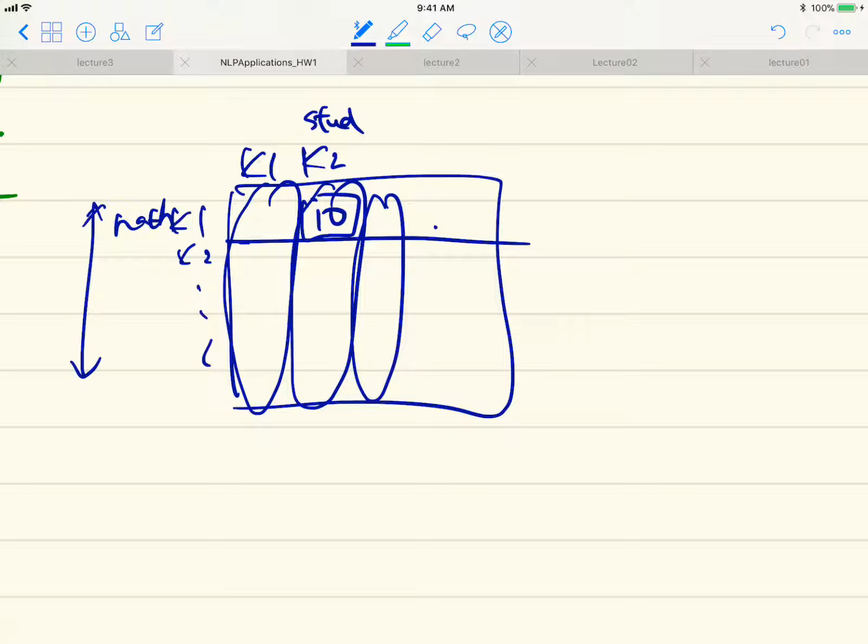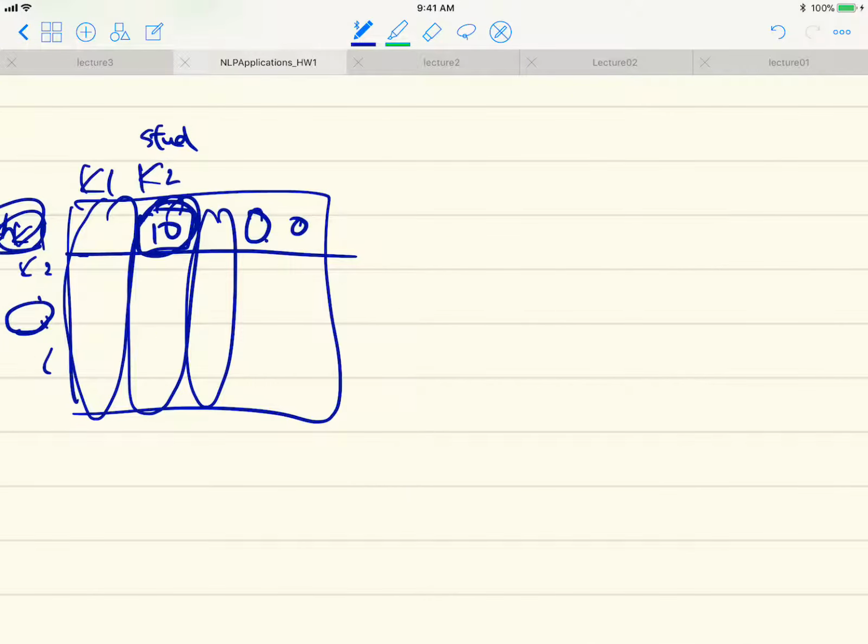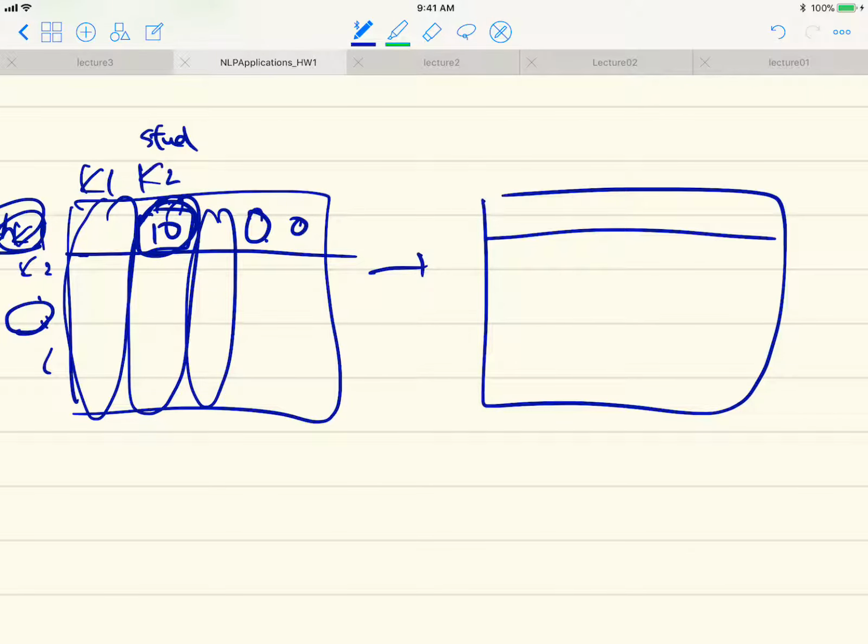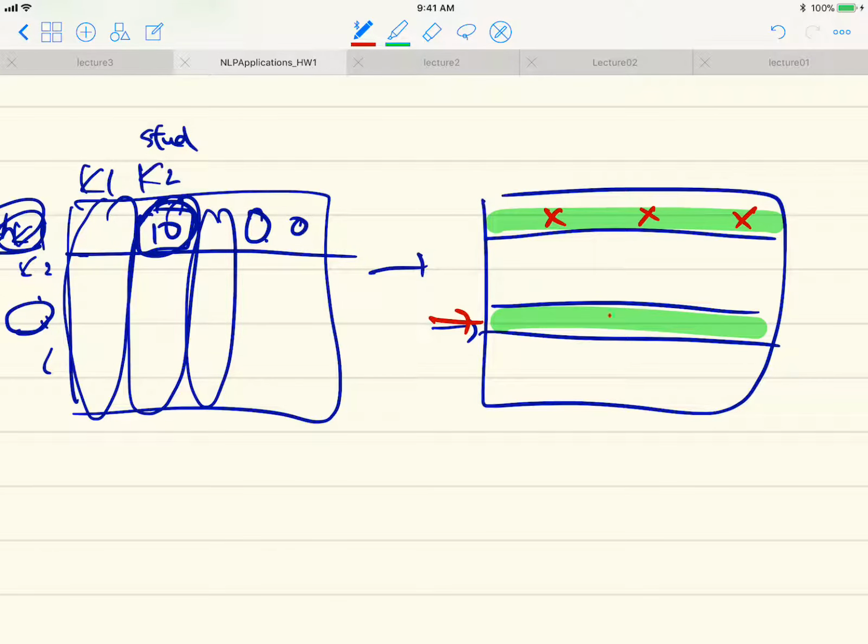And then if the two keywords didn't have any co-occurring terms in common, so this one had non-zero entries here and here and here, and that one had co-occurring terms somewhere else, in that case, if we do the inner product, it would be 0, right?